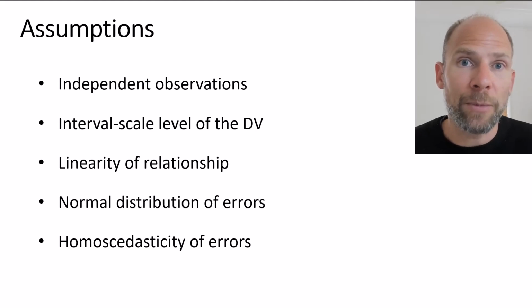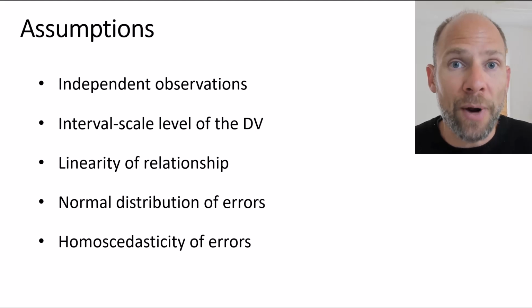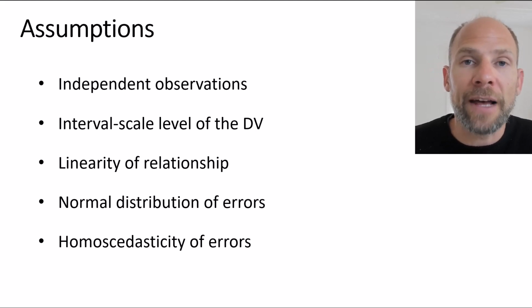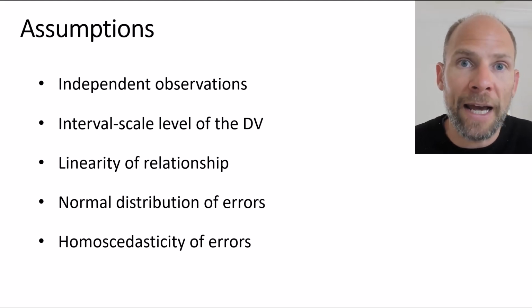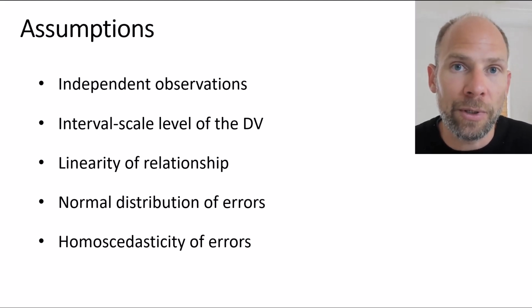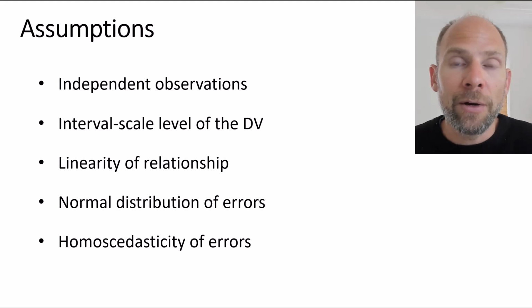Also, we make the assumption of homoscedasticity of the errors, meaning equal spread or equal variance of the error scores E for different values of the dependent variable Y. And you can again check that best by using graphical displays, so a plot of the residuals against the dependent variable, which you can also obtain, for example, in SPSS.